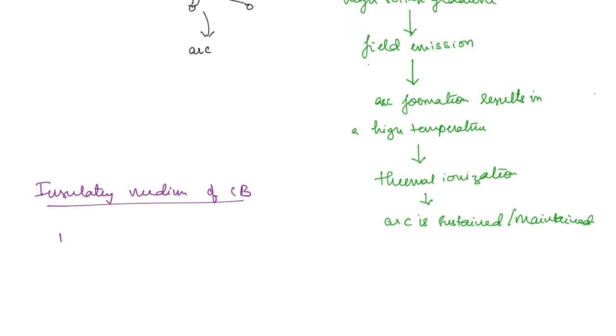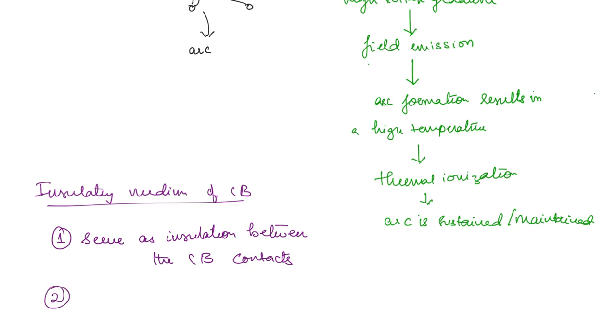The first one is that it should serve as insulation between the fixed and moving contacts, that is, between the CB contacts. CB means circuit breaker, so we'll use this abbreviation often. What is the second function? It should be able to extinguish the arc that is formed.